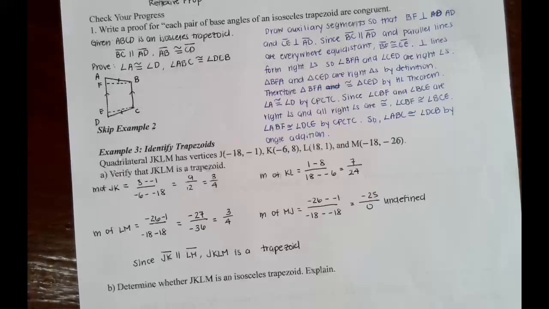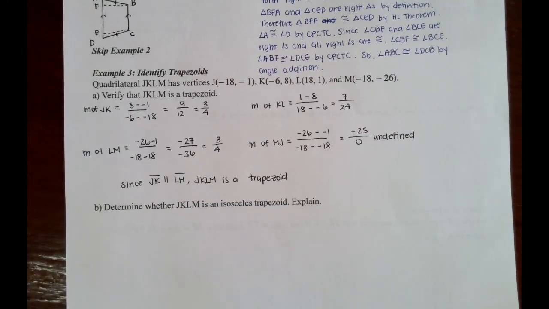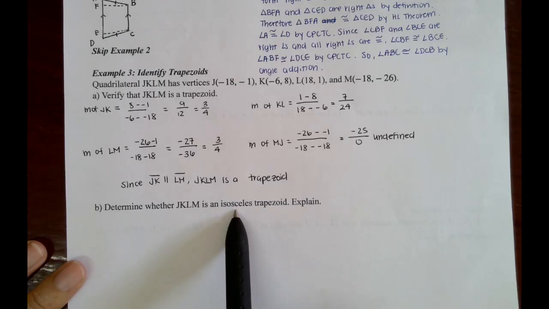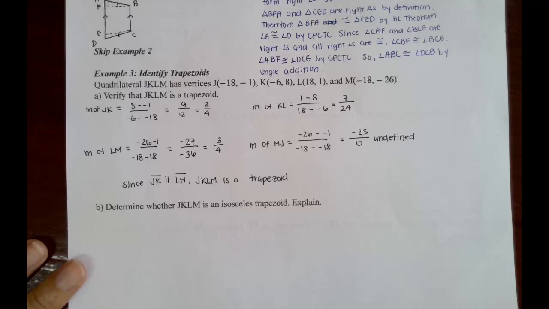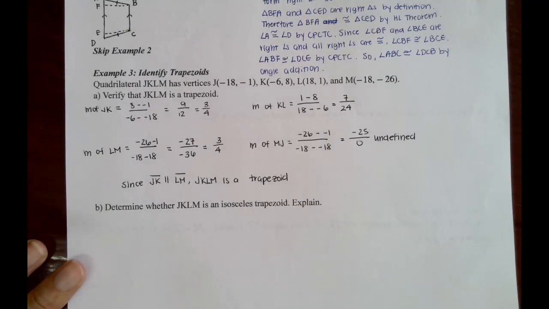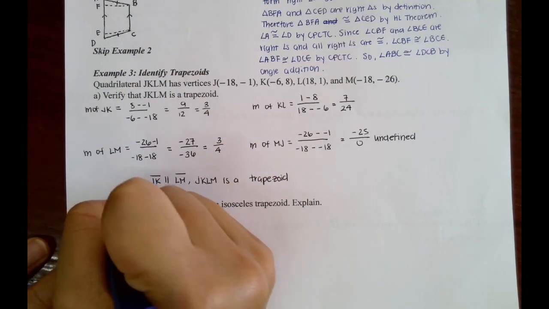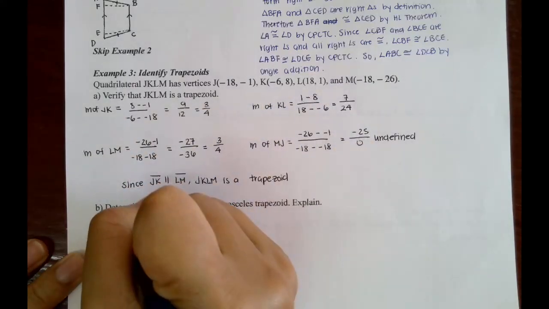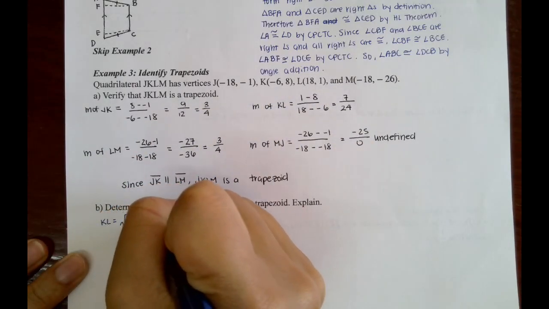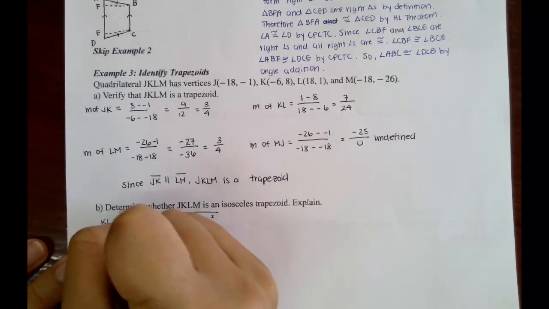Okay. So the next part, we're going to determine whether JKLM is an isosceles trapezoid. In order to be an isosceles trapezoid, the non-parallel sides, so KL and MJ, have to be congruent. Okay, so let's find the distance of those. I'm going to switch pens here. So KL, let's find their distance. So square root of negative 6 minus 18 squared plus 8 minus 1 squared.